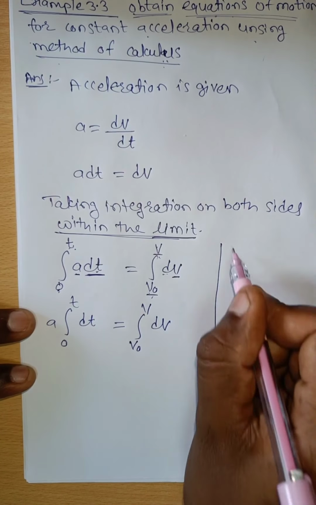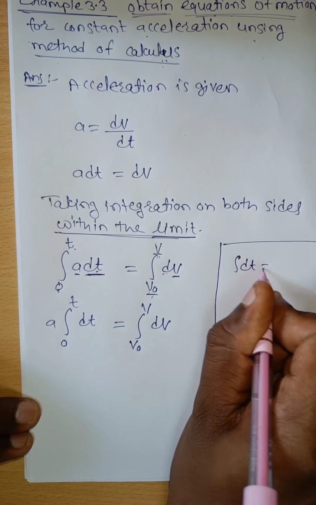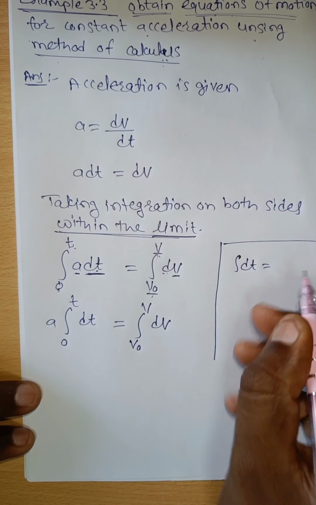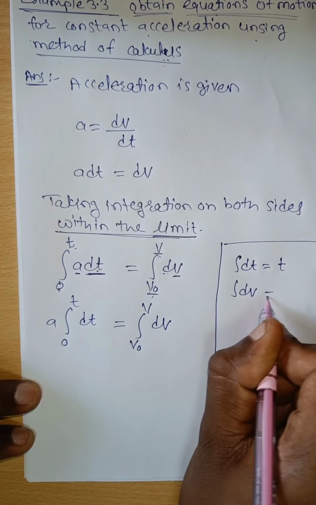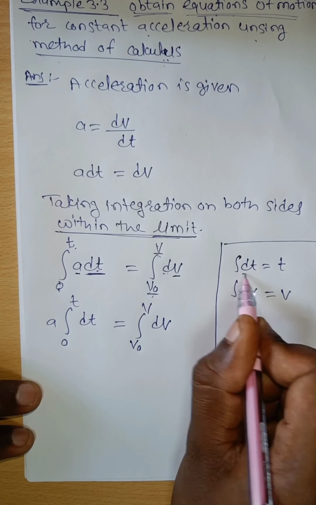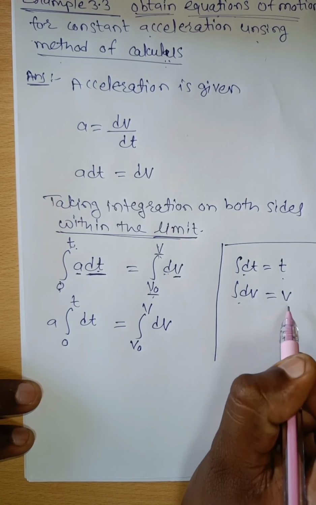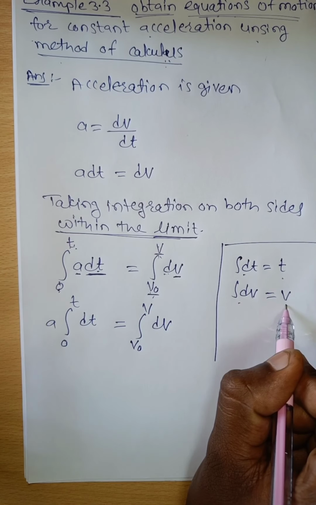Now in the integration rule, the integration of dt is t and the integration of dv is v. I have already explained, if they ask integration of dx it is x, integration of dy is y, integration of dz is z.